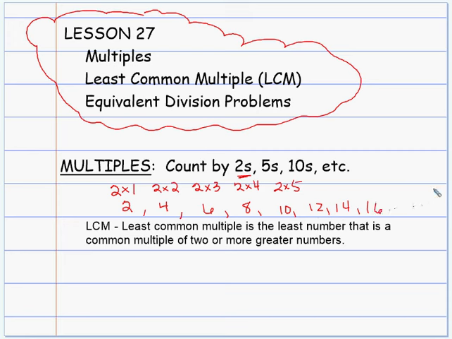Okay, but sometimes we need to know the least common multiple, and the least common multiple is the least number, obviously, because it's the least common multiple. So we want the least or the smallest or the lowest number that is a common multiple of 2 or more greater numbers.